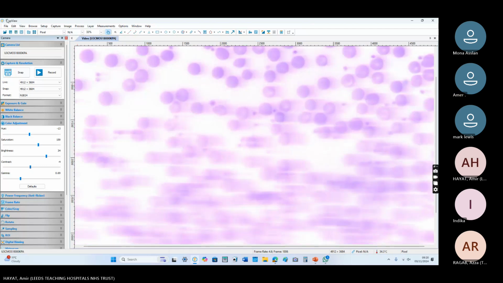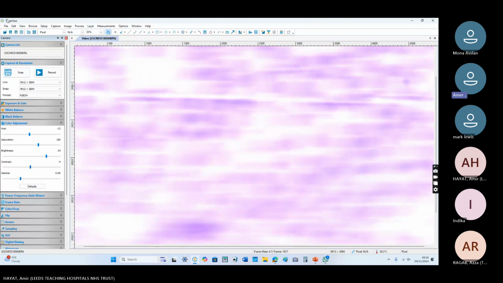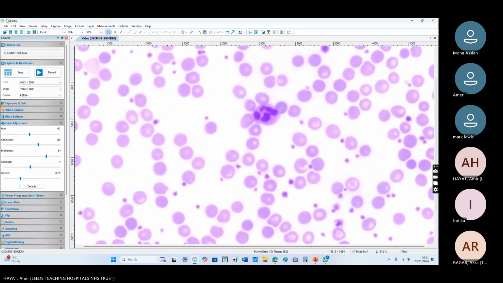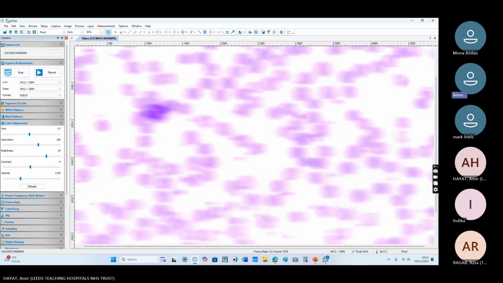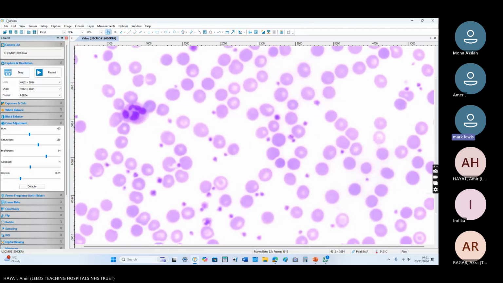So how would you report it from the lab side? I'd certainly say marked thrombocytosis. Numerous spherocytes. Target cells. And you have seen Howell-Jolly bodies as well. Hyposplenism.